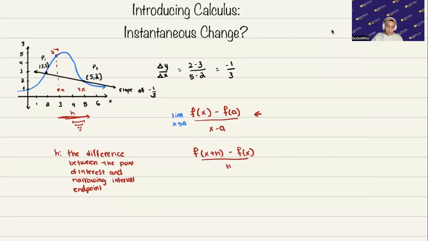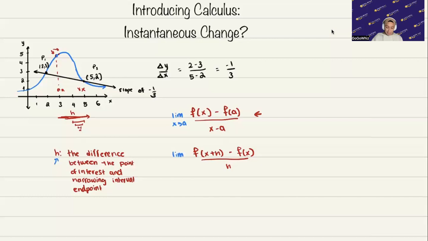So that's one way of representing it. And if I were to use the h method, then h is this interval, right? I want the interval to be very small. Now I know I can't have an interval of 0, because I'm looking at an interval, so I need two points, but I need them to be very close.